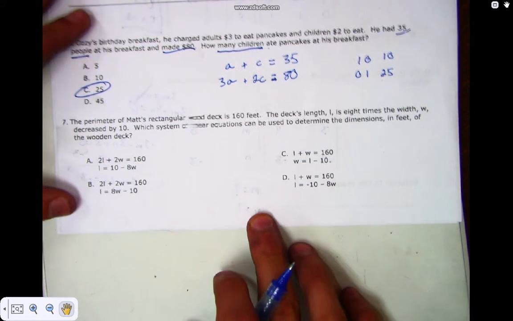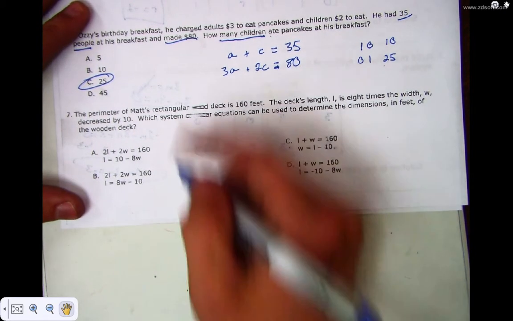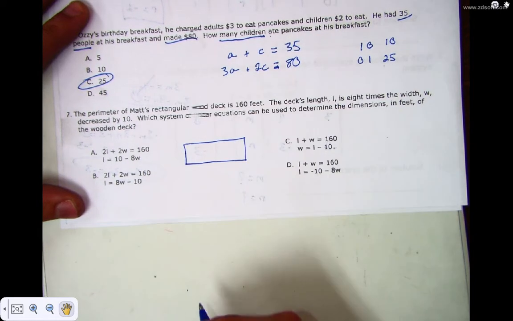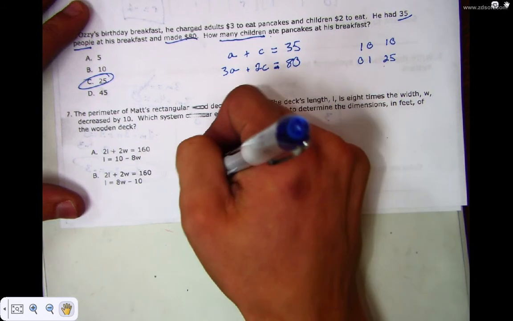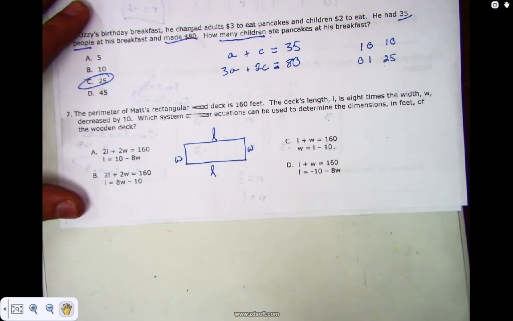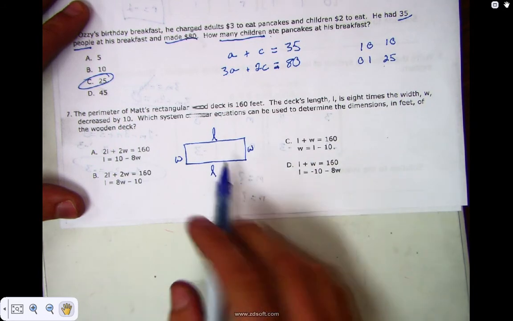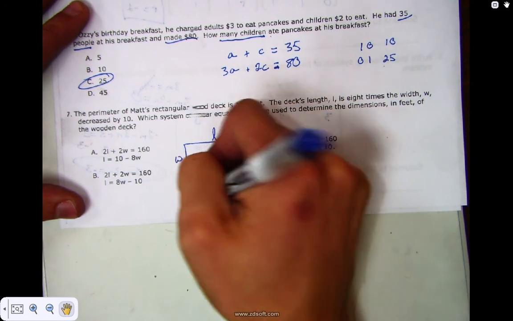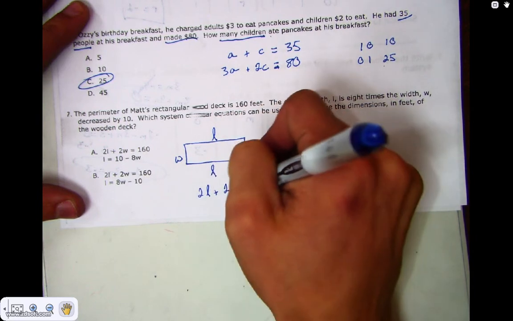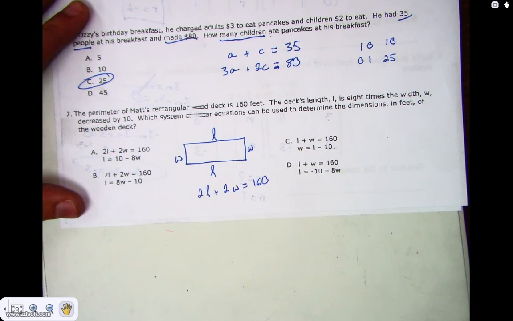I don't believe I need to go over this too much, but real quick, here's our deck. The distance around, or the perimeter, is 160 feet. We have 2 lengths, we have 2 widths. So 2L plus 2W equals 160, and so on and so forth.